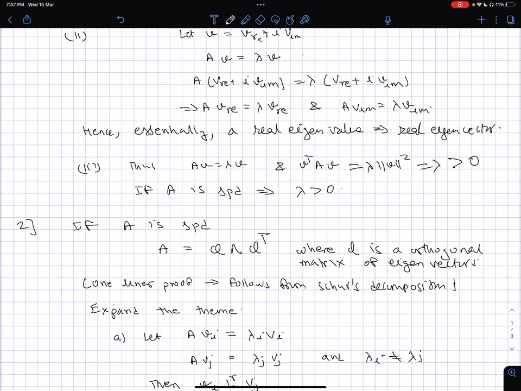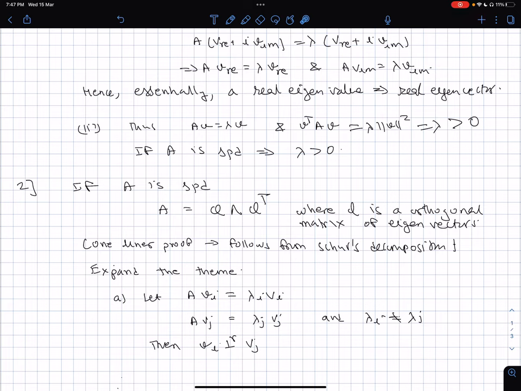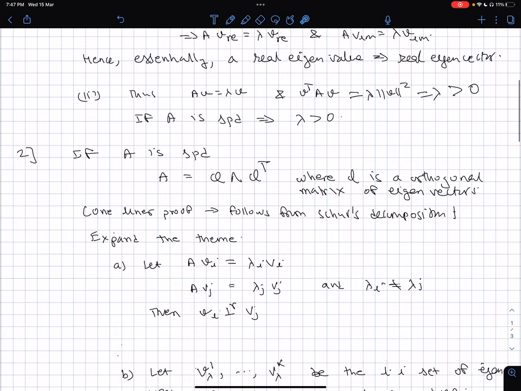Now, once I have reached this part, I am going to come to another very interesting representation of a positive definite matrix, which is that A can be written as a product of the orthogonal matrix of eigenvectors, times a diagonal matrix made up of eigenvalues, times again the transpose of the orthogonal matrix of eigenvectors.